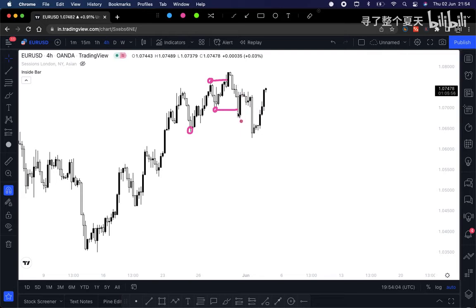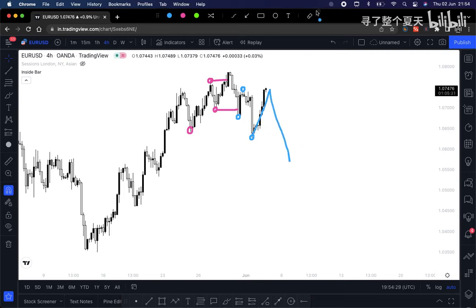So after this trend change, price created a lower low. Let me just use a different color. Price created a lower low and a lower high, right? And then a lower low again. So you can anticipate that, oh, okay, the bearish trend has already started, right?